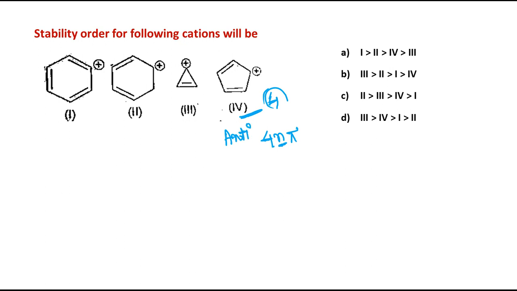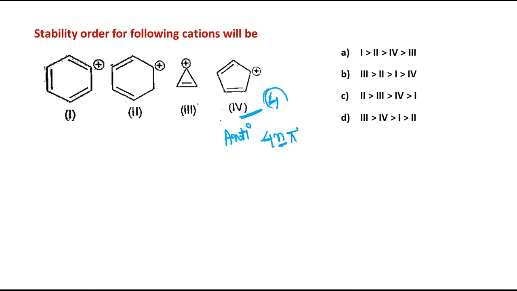And if we consider stability, aromatic compounds are obviously more stable than anti-aromatic, but what about non-aromatic? They remain in between. Aromatic first, then non-aromatic, then anti-aromatic. So if you find any anti-aromatic, its stability is very low. It is not stable, it is highly unstable.